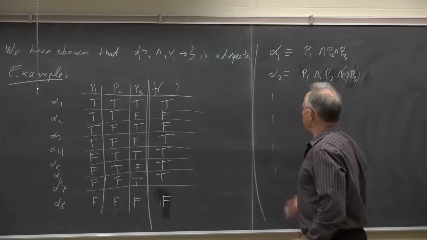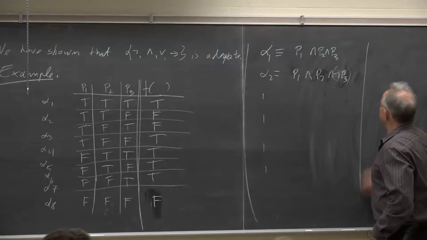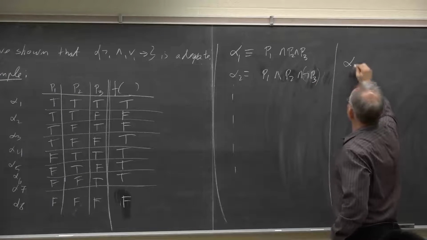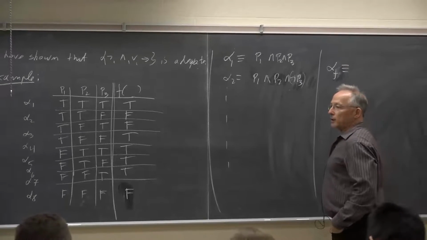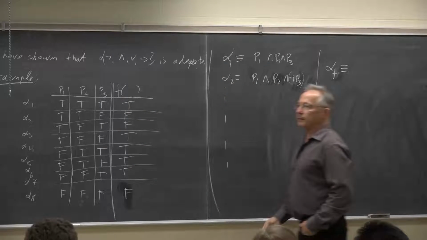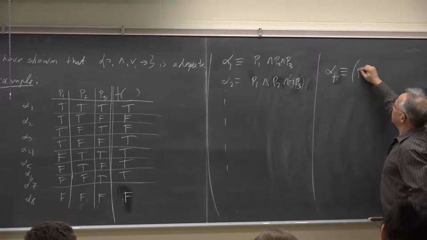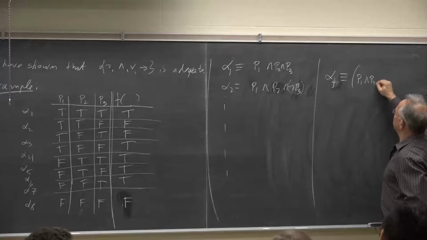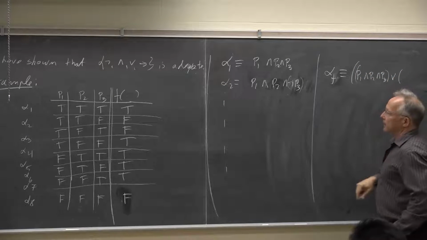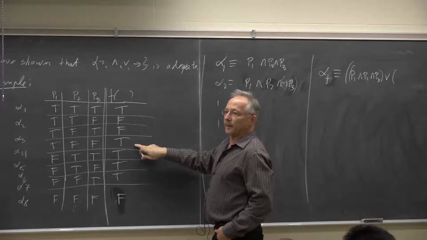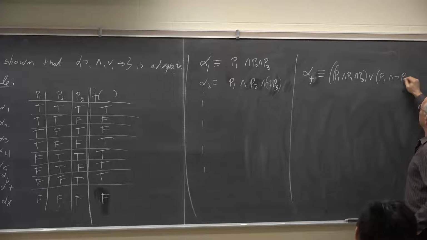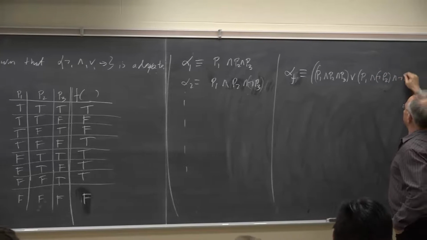And I'm saying my formula alpha f that will describe the function f is going to be just the OR of all the descriptors of T's. So it will be either P1 and P2 and P3, or next time I get a T is here, P1 and not P2 and not P3.